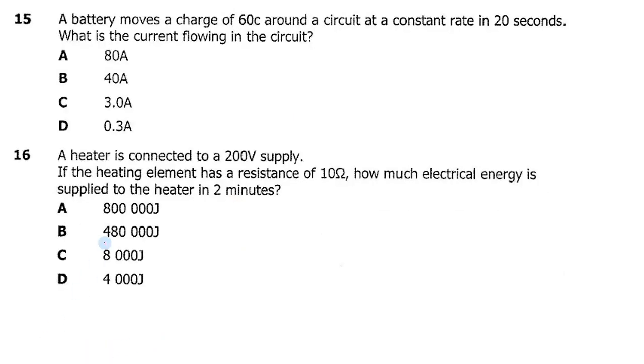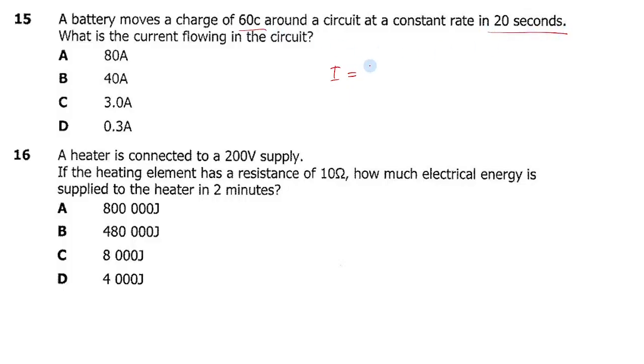Then we come to this one. A battery moves a charge of 2 coulombs around a circuit at a constant rate in 20 seconds. What is the current flowing through the circuit? So they have given us charge and time.